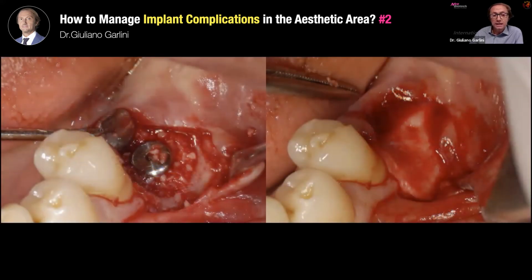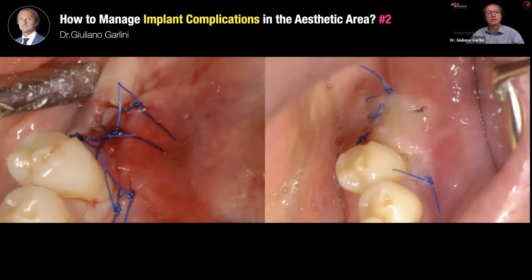And normally when I have cleaned everything, I prefer to perform a regenerative therapy, not a resective therapy, around the implant. And in this case, I put some connective tissue covering the implant because, as you can see in this image, the patient has a very small amount of keratinized tissue.